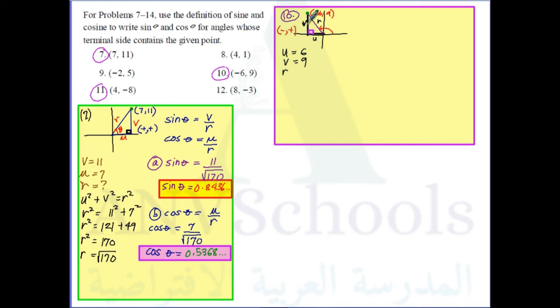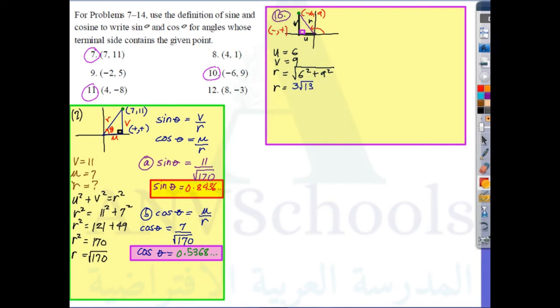So r is just the square root of 6 squared plus 9 squared, right? That would be 3 square root of 13. So that's 3 square root of 13. That's our r.